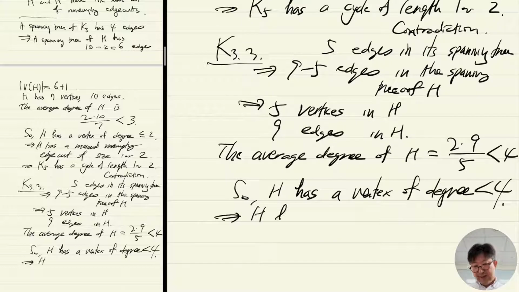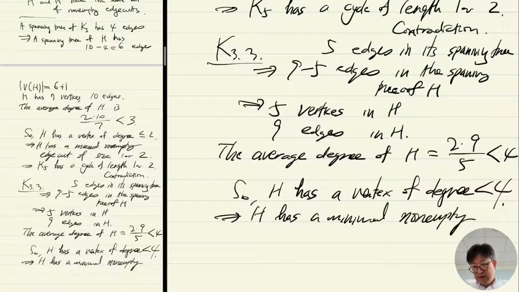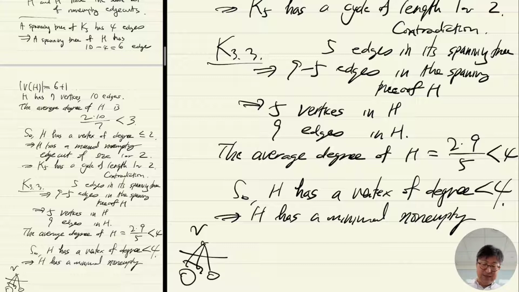So if you have a vertex v of degree at most 4, this set could be a minimal non-empty edge cut, but maybe potentially a subset is a minimal non-empty edge cut. But anyway, its size is at most 4, at most 3.